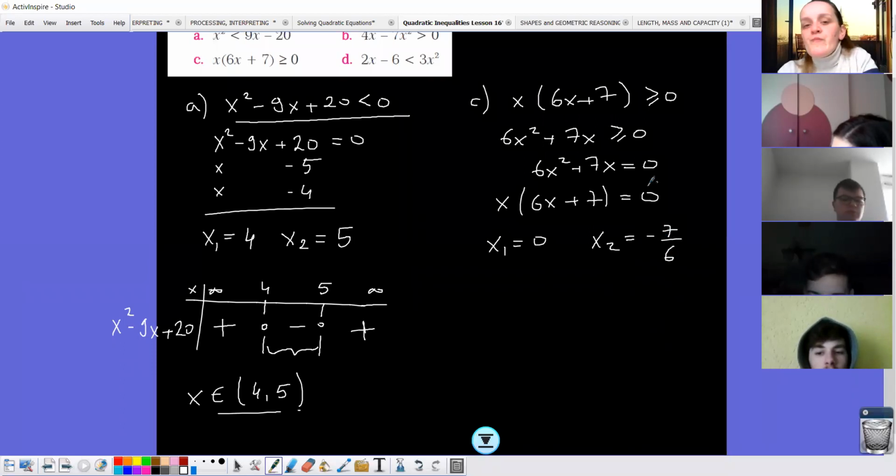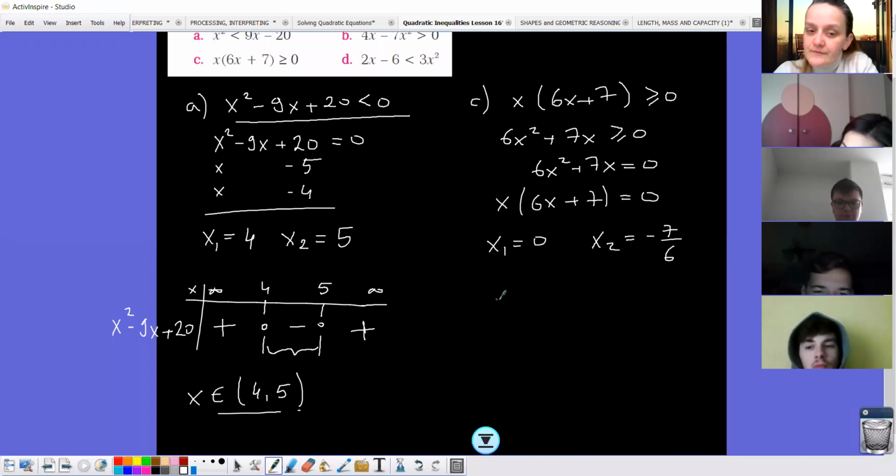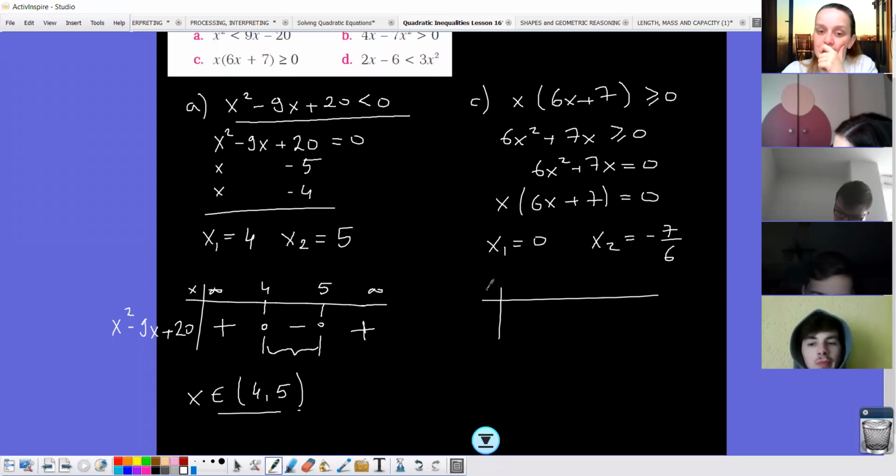Now, how can we proceed? We will do the sign chart after the roots. We'll start from minus infinity. Which one is smaller, minus 7 over 6 or 0? Minus 7 over 6. Then I have here 0 and plus infinity.